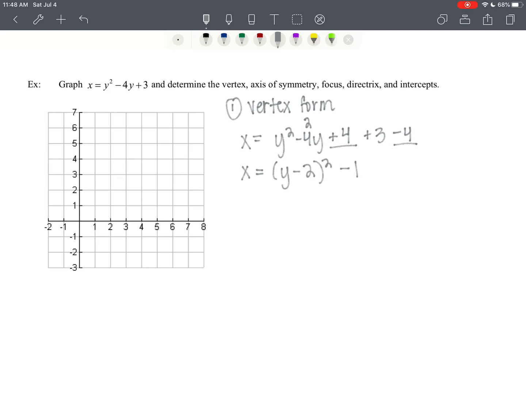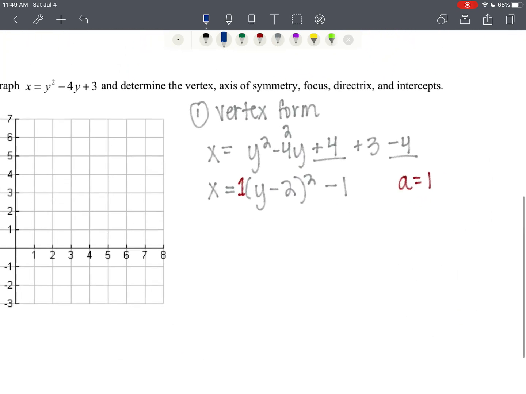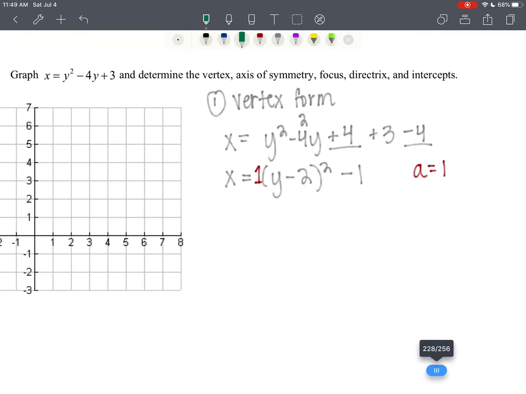Now remember, we've got to find a. So our a value is equal to 1. We also need to find h and k. Now h, I don't remember which color I used for, here it is. H I used green. So h is going to equal -1.